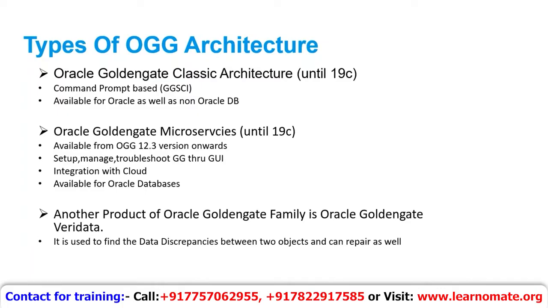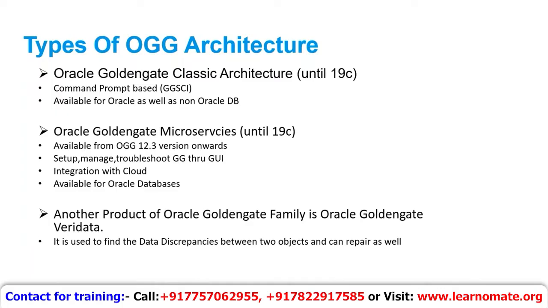From 1995 to 2009 it was a standalone company. In 2009, Oracle took it over, and since then it is known as Oracle GoldenGate. Until 2017, there was only one way to configure GoldenGate, and that was through the command prompt, GGSCA. This is for those of you who have worked on GGSCA.